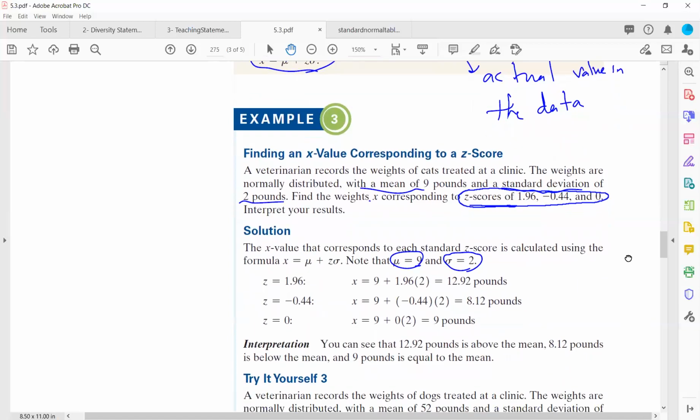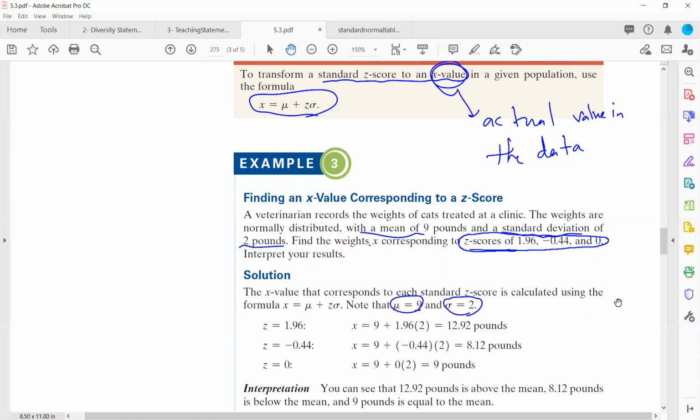Perfect. We have to follow the formula that we just learned. We know that x is equal to mean plus z times standard deviation. Our first z value is 1.96.